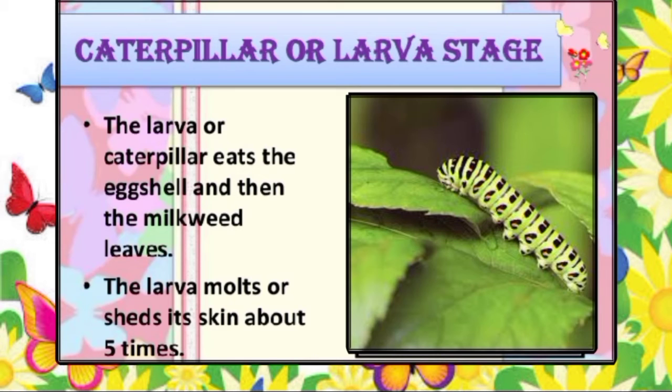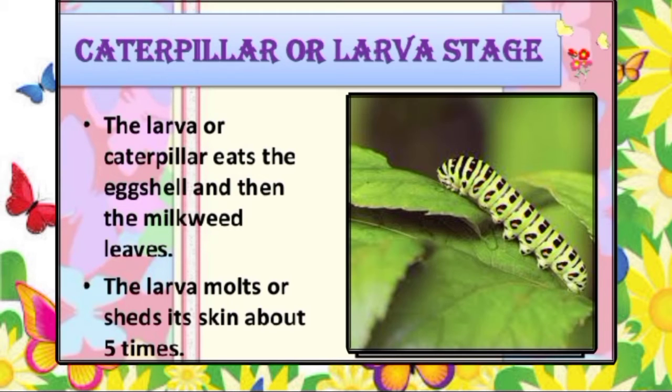A very tiny caterpillar hatches out from the egg. The first meal for most caterpillars is the eggshell. The caterpillar is designed to be an eating machine, and before it becomes a pupa, it will increase its body mass thousands of times.